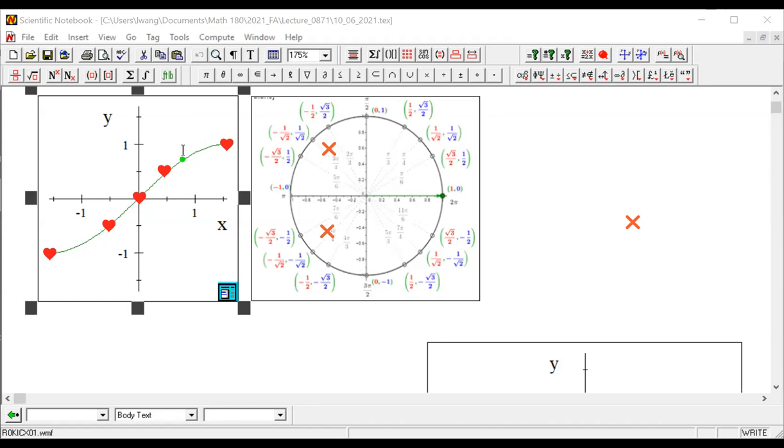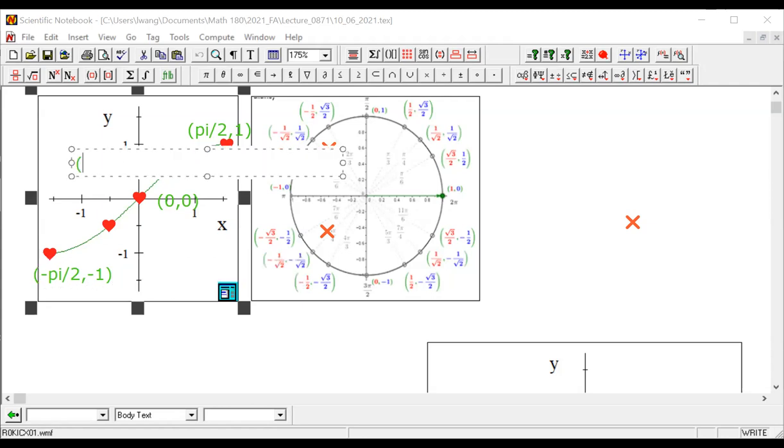Anyway, so this point is 0, 0, of course. And this point, pi over 2, comma 1. Those are easy. We've done them, right? Negative pi over 2, negative 1. It's these 2 points in between that are a little tough.